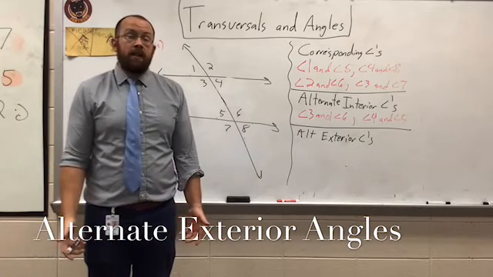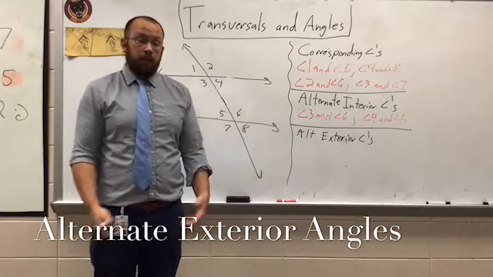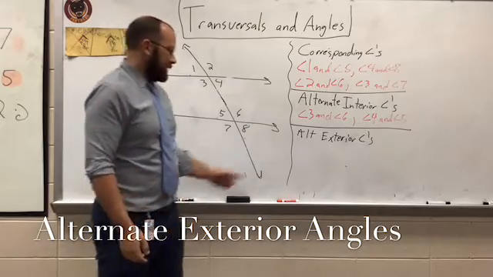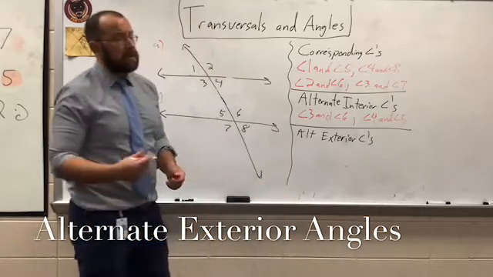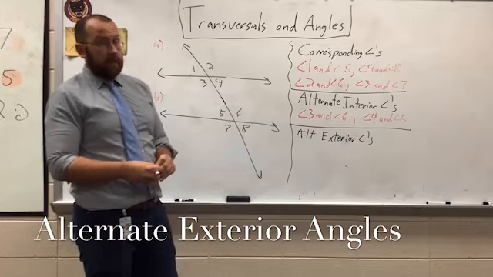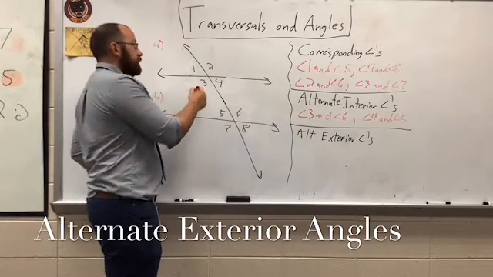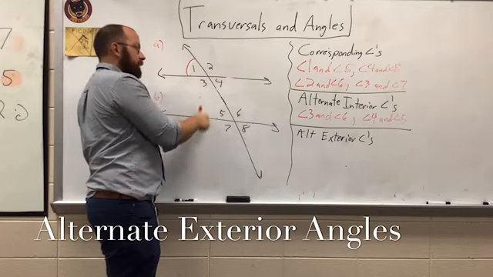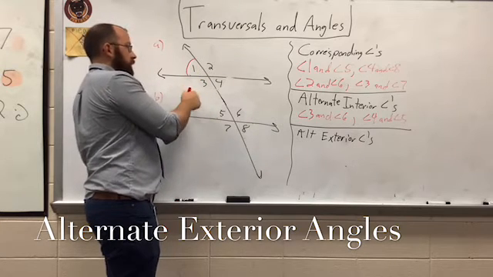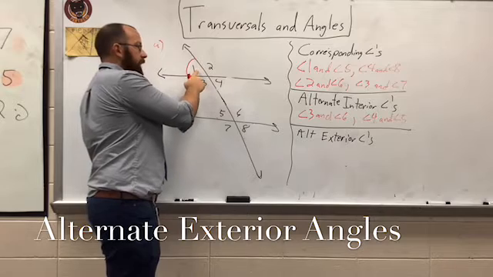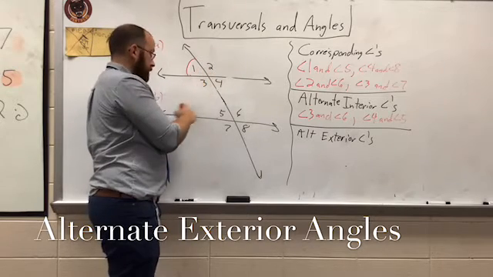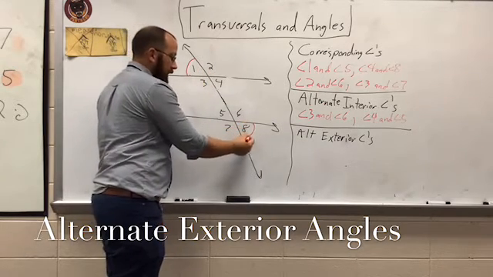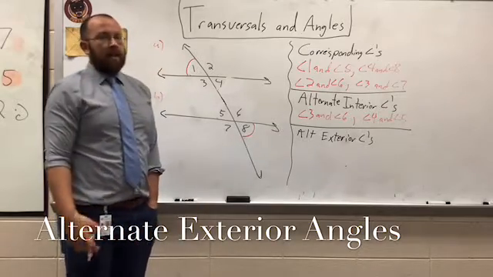All right, our next set of angles that we're going to find that are congruent are our alternate exterior angles. It's the same thing as the alternate interior, but it's exterior, which means on the outside. So if I say 1 is on the outside, exterior, what is the alternate 1 on B down here? 8. 1 and 8 are congruent.